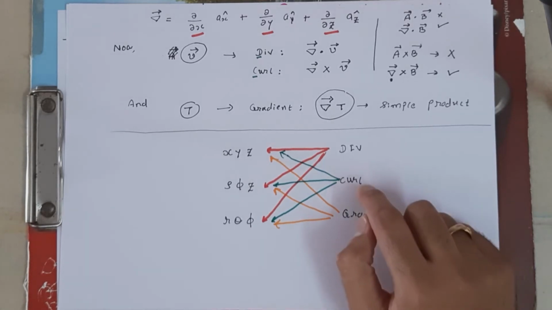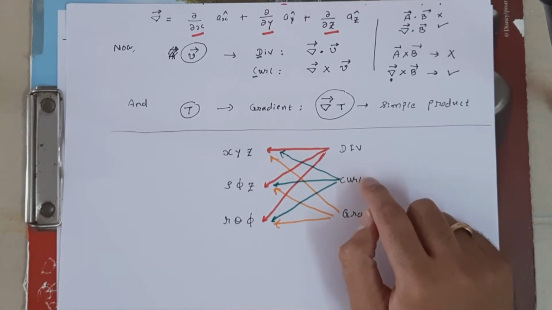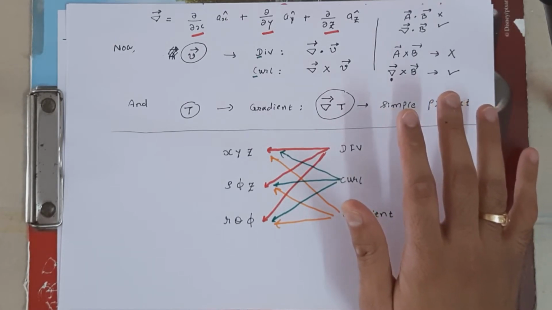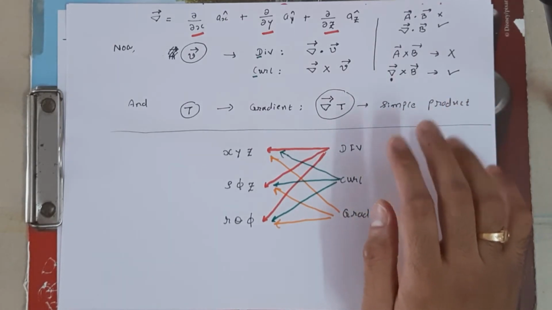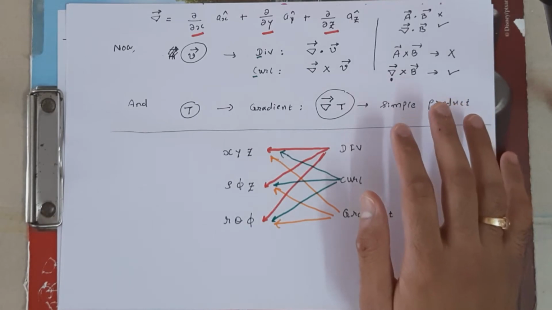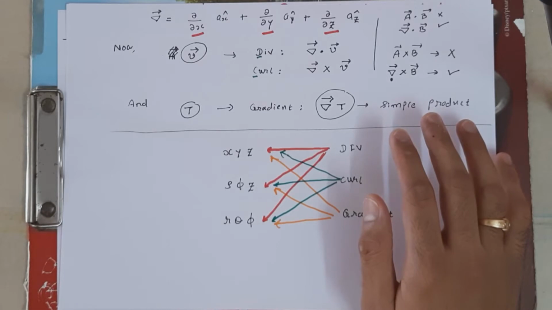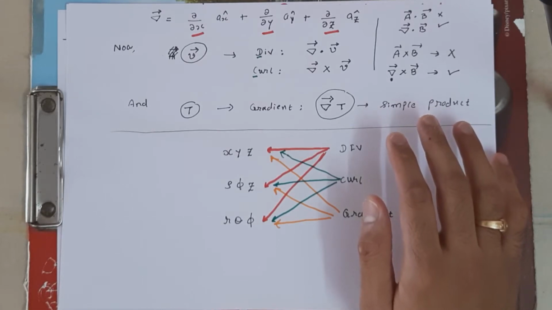Because, as we know, curl means change in direction, and we have to deal with electromagnetic waves. Electromagnetic wave is a change in which direction? Or you can say by how much the magnitude of the electromagnetic wave changes.